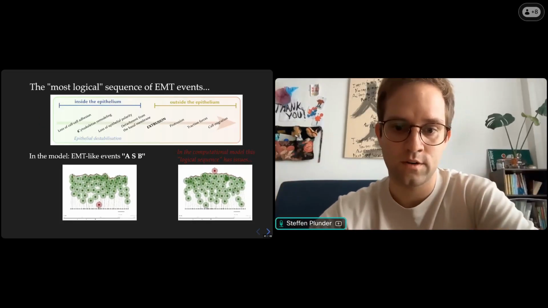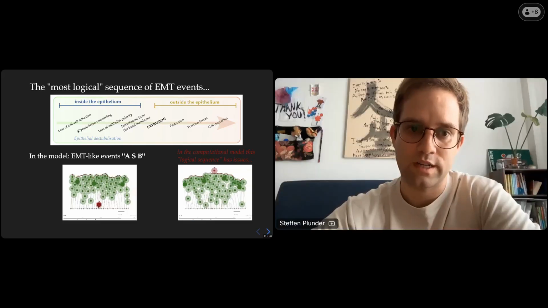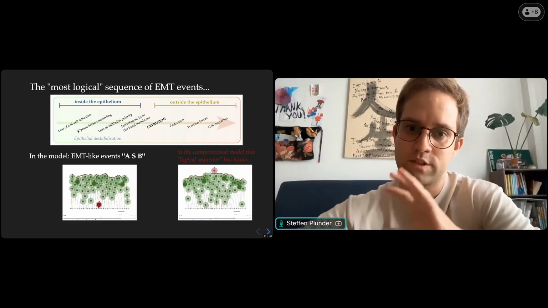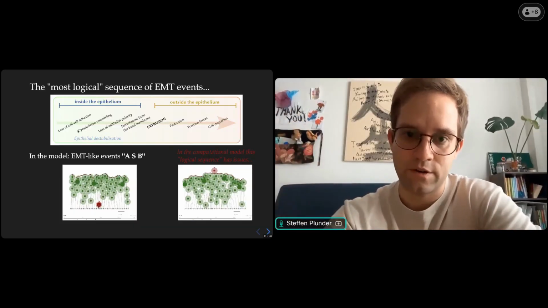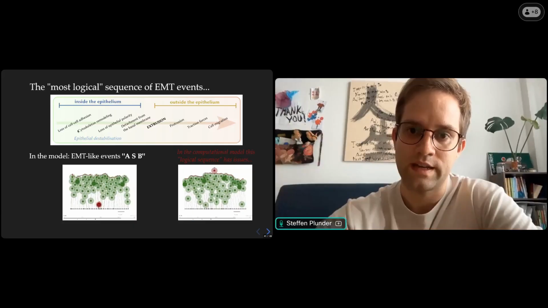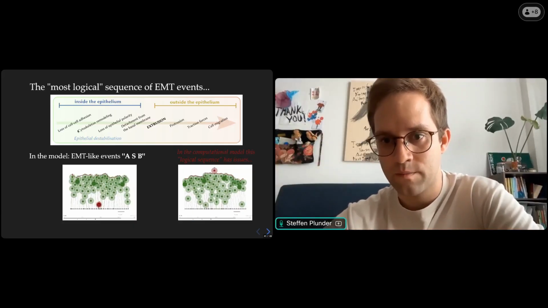You first lose the apical side, that's logical. Then maybe you change your polarity a little bit, and then you detach finally from the basal side, and then you start with the migration. So this is the textbook model.